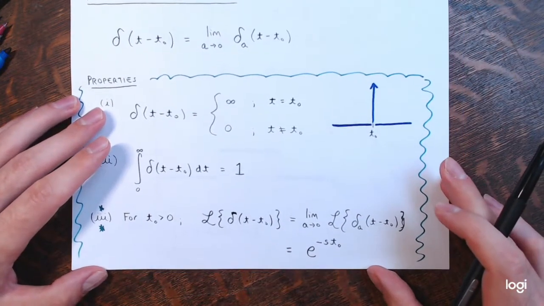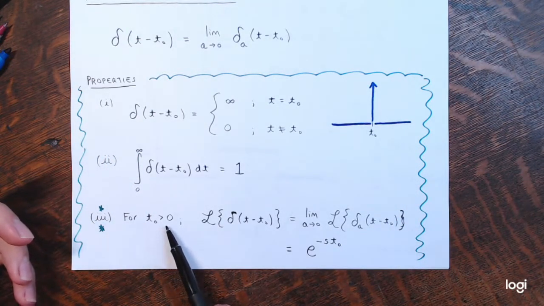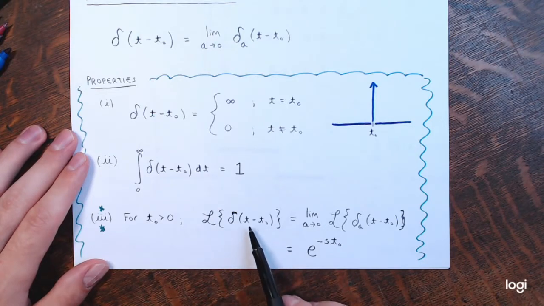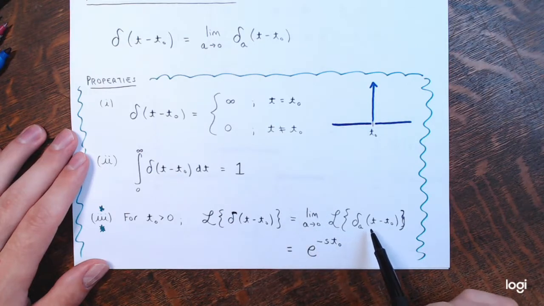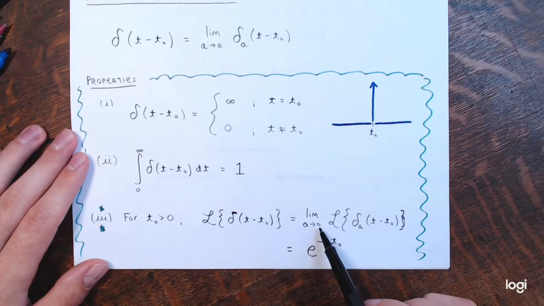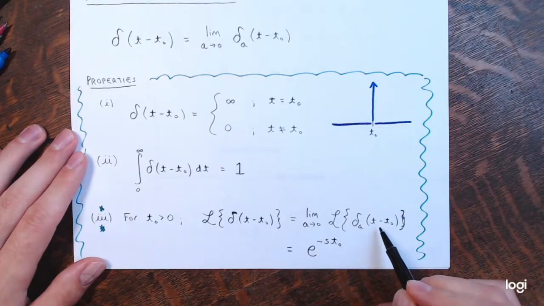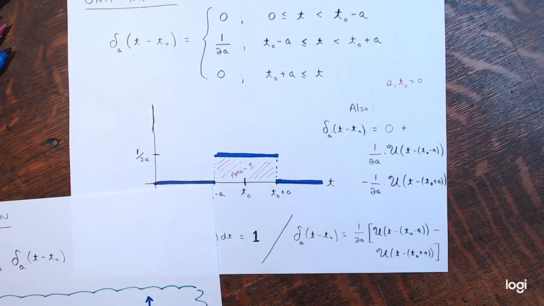And then here's the thing I want to really get into: for these values of t sub 0 that are positive, the Laplace transform of the Dirac delta function at t minus t sub 0. Again, you could use our unit impulse functions from the previous page. Take the limit as a approaches 0 of the unit impulse functions, and you may remember what the Laplace transform of the unit step functions were.